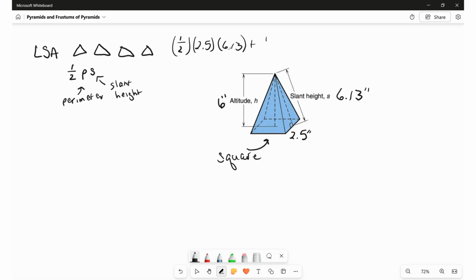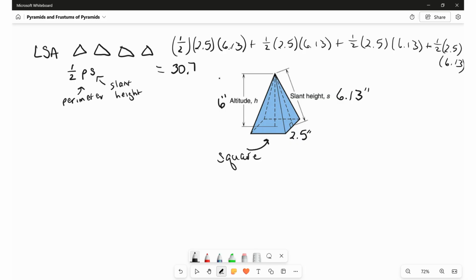And there are four of those. When we do all of that, we get that the lateral surface area is around 30.7 square inches.